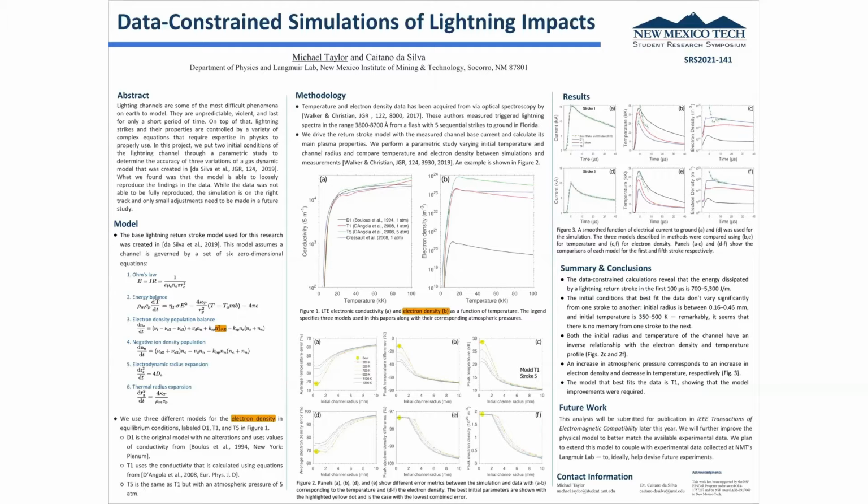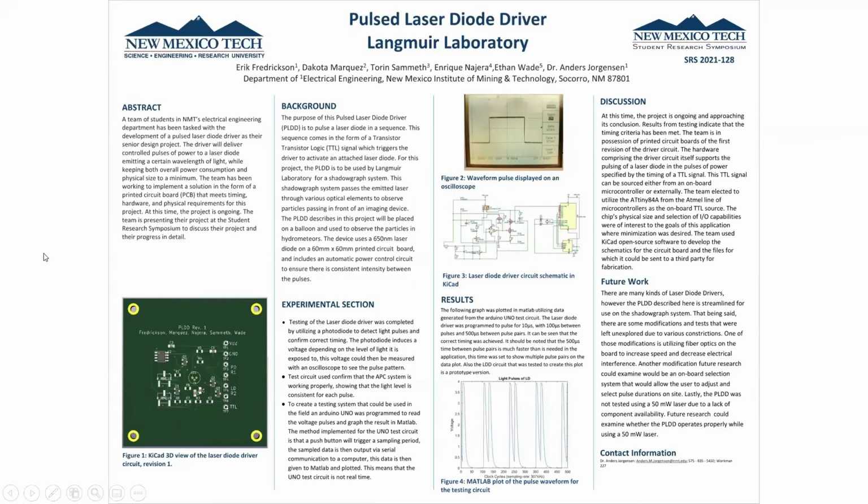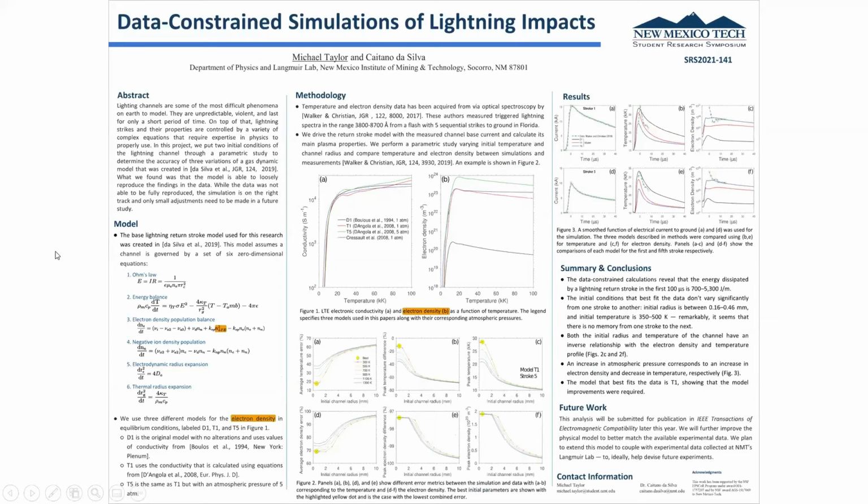Hi, I'm Michael Taylor. I was working with Dr. Caetano da Silva on this. What we did was we took data from research that took place in Florida, where we got a rocket-triggered lightning sample of current to ground, where they also measured the electron density and temperature of the lightning channel.